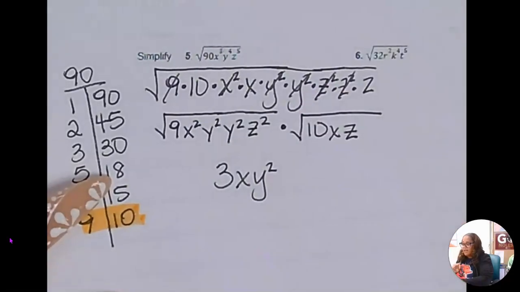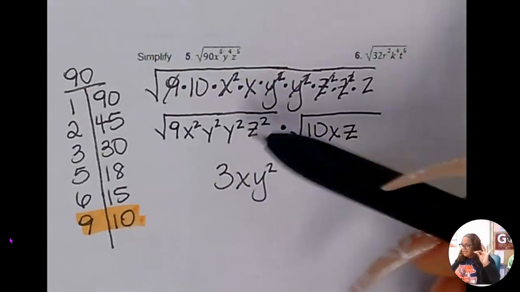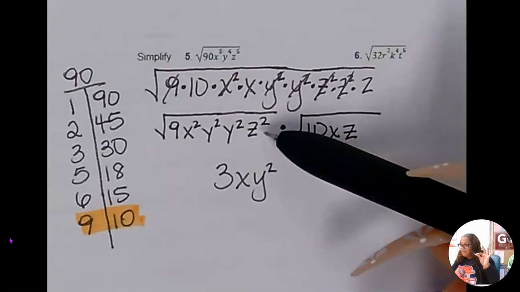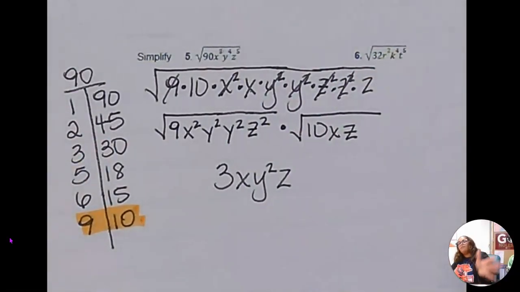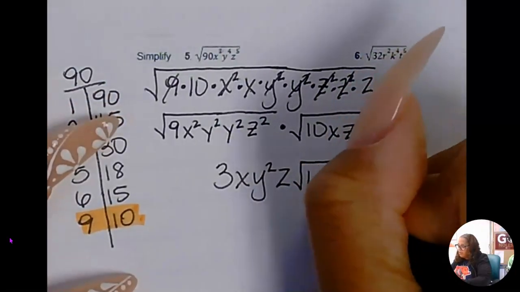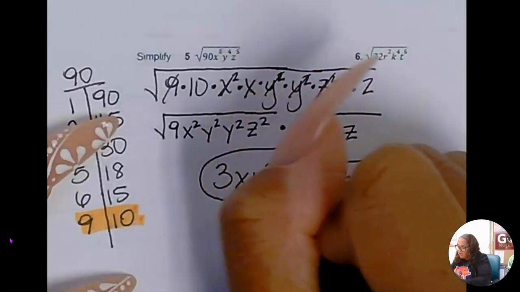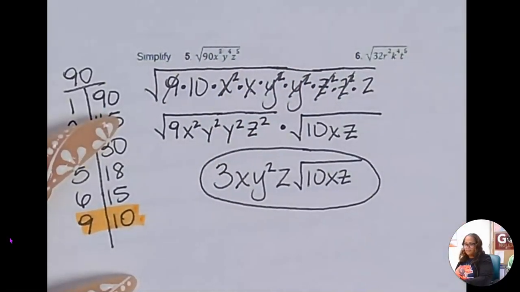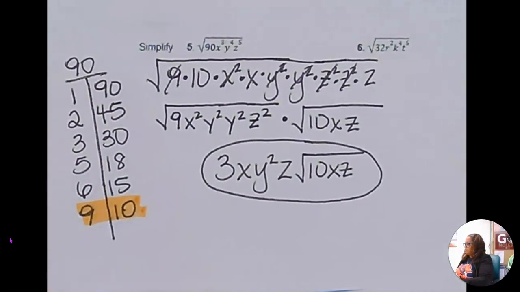So technically, I should have left it as y to the 4th power and then cut the 4 in half, but whatever. Now I have 2 y's because I had to cut 2 of them in half, and then z. Then I multiply all of that by what is still under the radical, which becomes 10xz times all of this. Did I lose anybody? Did I break it down?